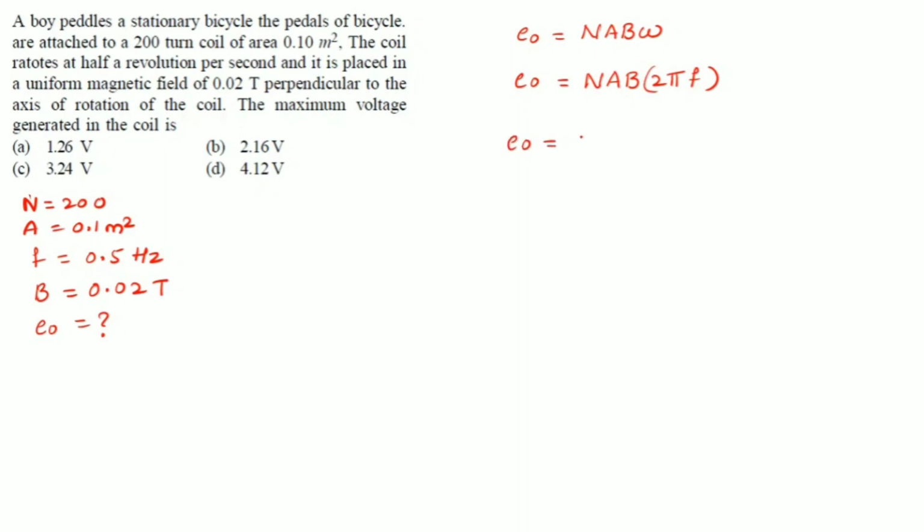So E naught equal to number of turns 200 into area 0.1 into magnetic field 0.02 into 2 pi, frequency 0.5. So the answer is E naught equal to 1.26 volt. So option B is right.